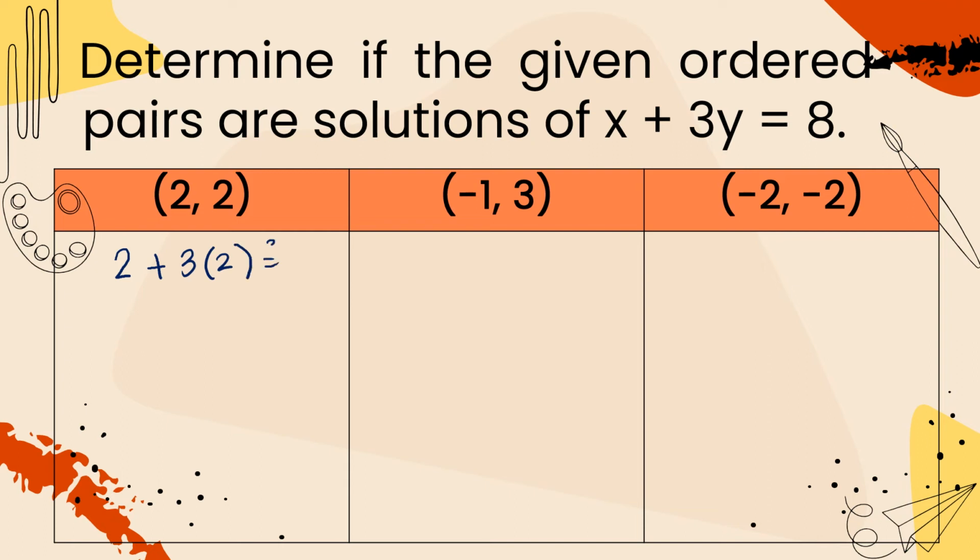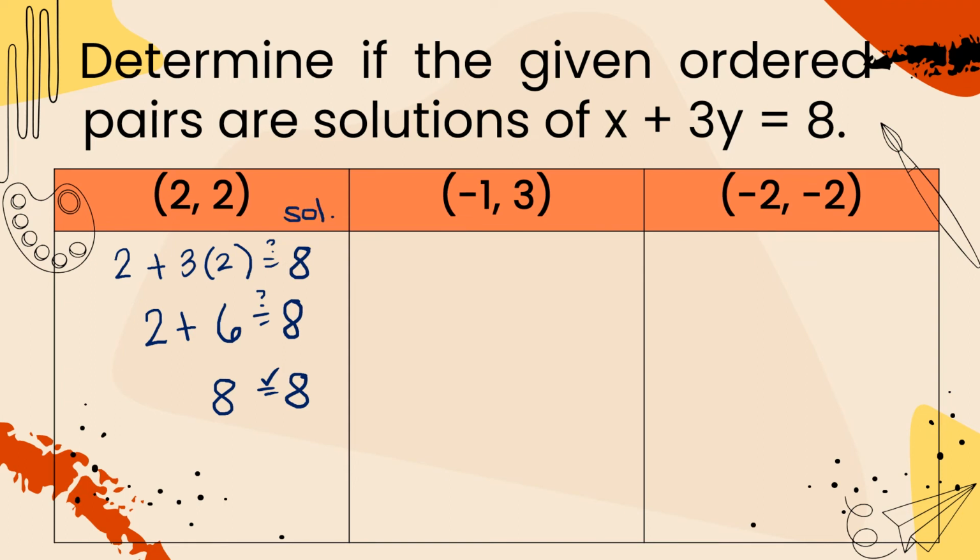Is that equivalent to 8? So we simplify the left side. So 3 times 2 will give us 6. So we have to copy 2 plus 6. Is that equivalent to 8? So 2 plus 6 will give us 8. And 8 is equal to 8. So therefore, 2, 2 is a solution.